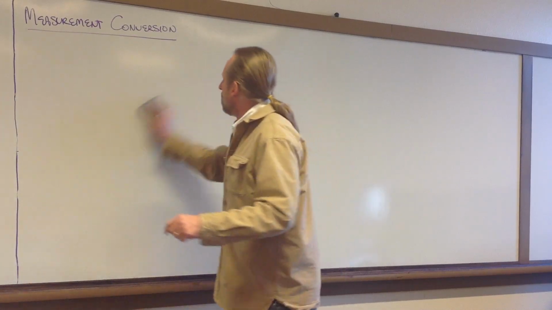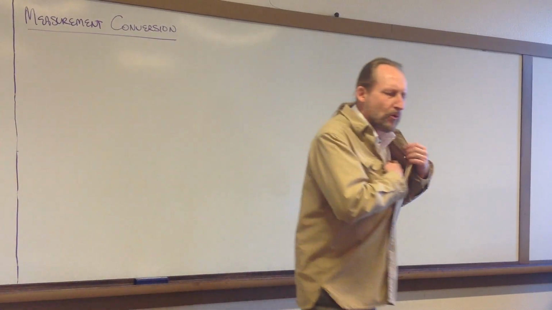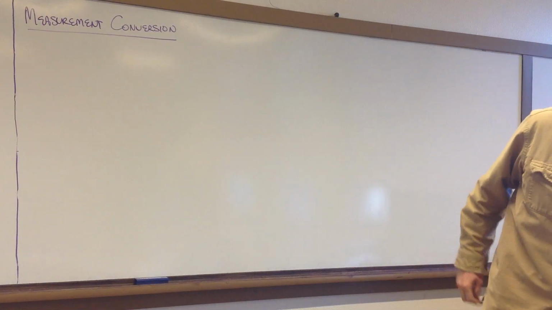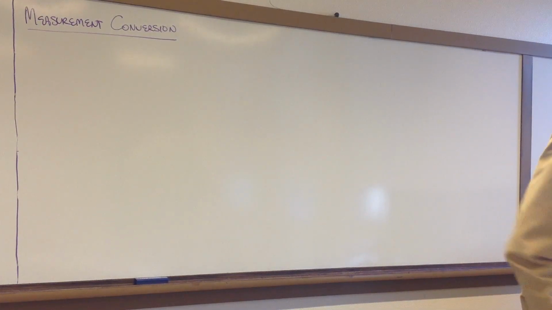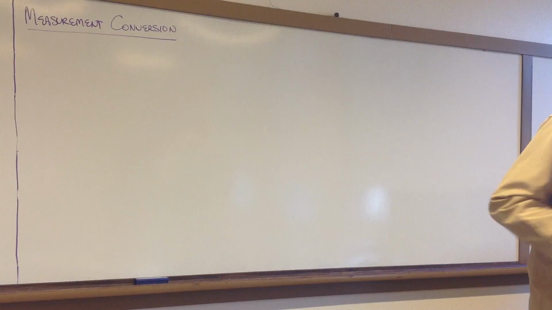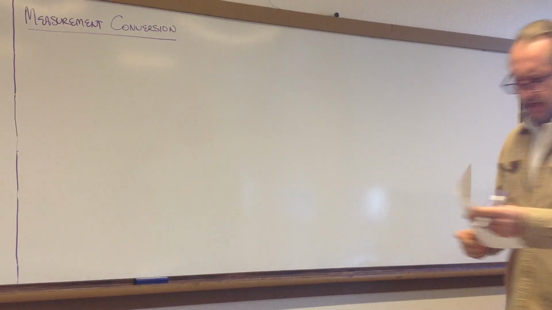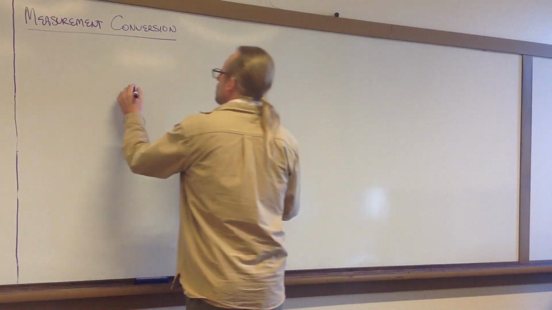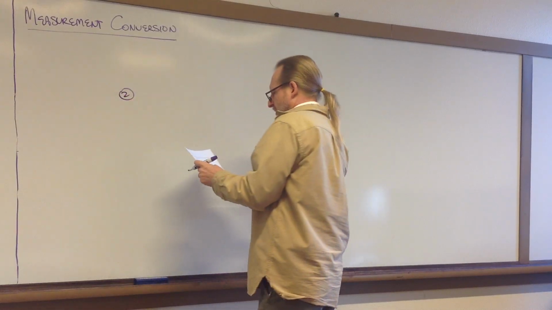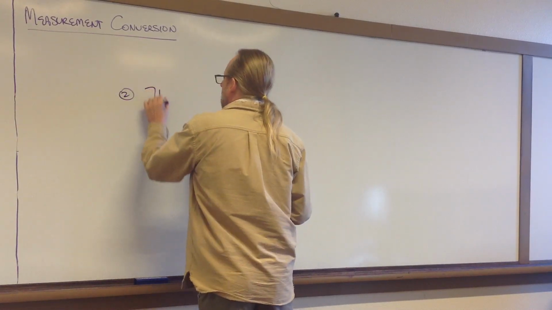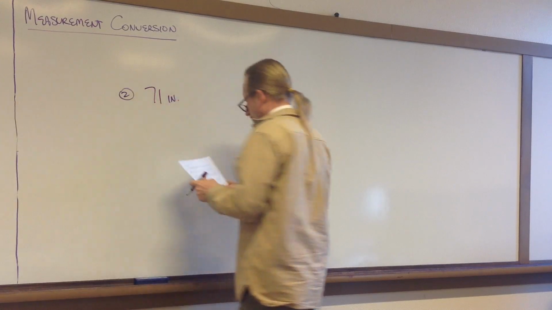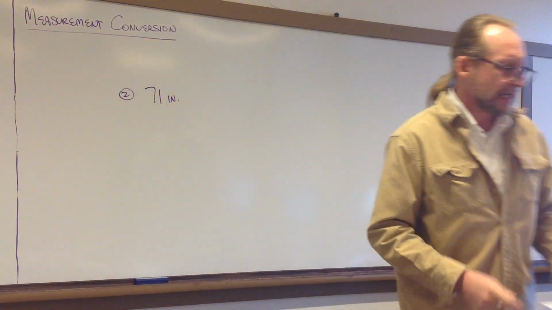Okay, so let's look at some more problems here. On the first page of the handout, we're talking about length. Problem 2: a nurse measures the height of a patient as 71 inches. Convert this to feet and inches.